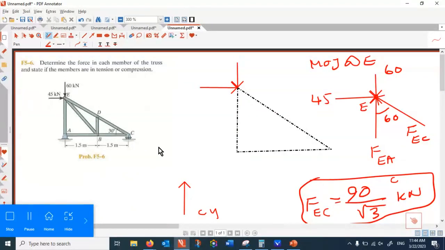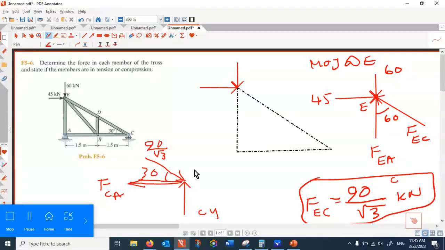And also FEC. FEC, we already calculated that this was under compression. This is 90 over root 3 kilonewton, and the angle is 30 degrees. So then there will be a horizontal force FCA.